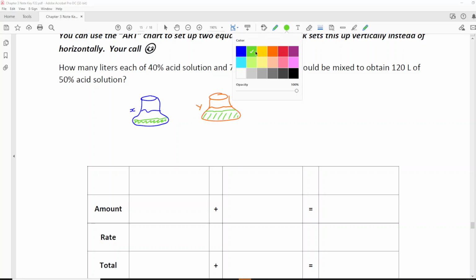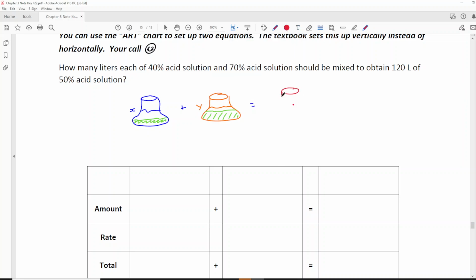So I'm going to be mixing these two together, forming a new flask. Let's say it's red. Let's draw it the same size. I'm going to have my X amount of solution and my Y amount of solution, so it's going to be really full. This is my X and my Y solution together. But I also know that together there's going to be 120 liters in here.